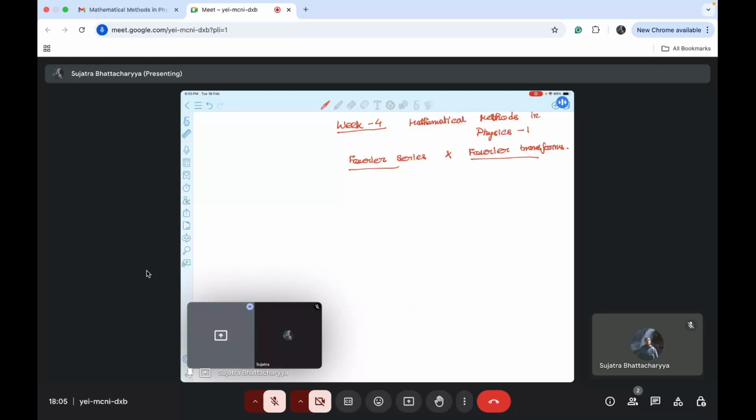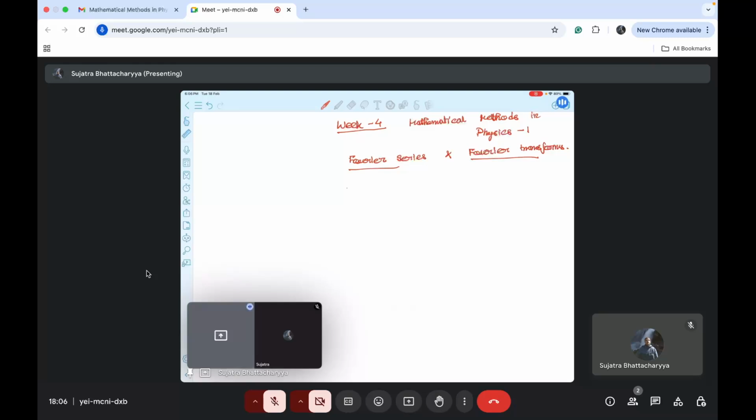From simple harmonic motion, they show that sine waves and cosine waves are easy to represent and analyze. Then we will go for the Fourier series. Why we do Fourier series and all these things will be covered.